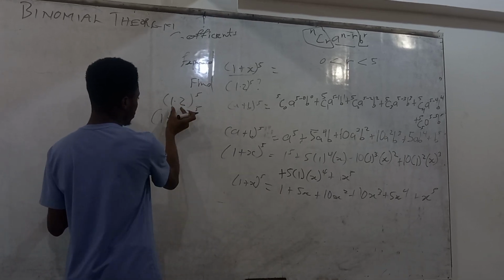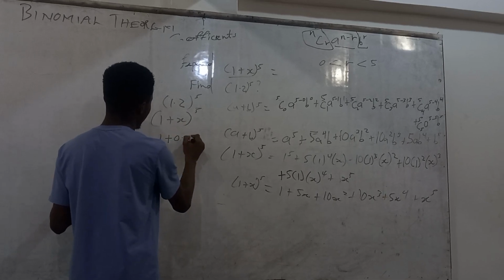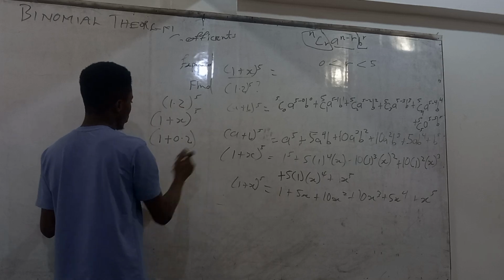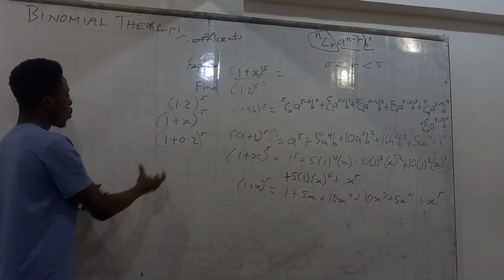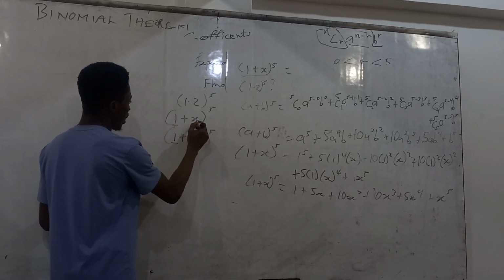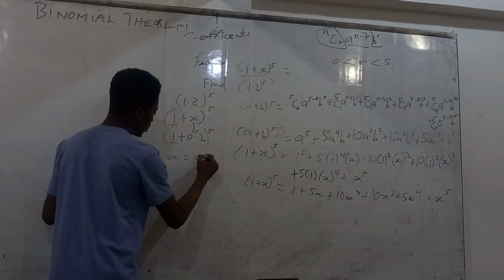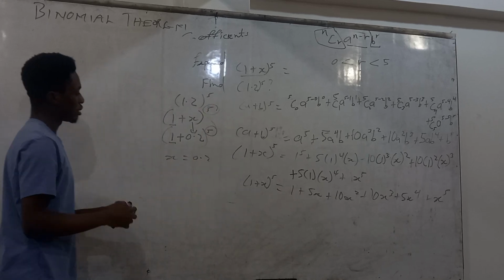So we can split 1.2 into 1 plus 0.2, because 1 plus 0.2 is equal to 1.2. Since 1 is here and it is here, we can equate x to 0.2. Therefore, x is equal to 0.2. The 5 and 5 are still the same.